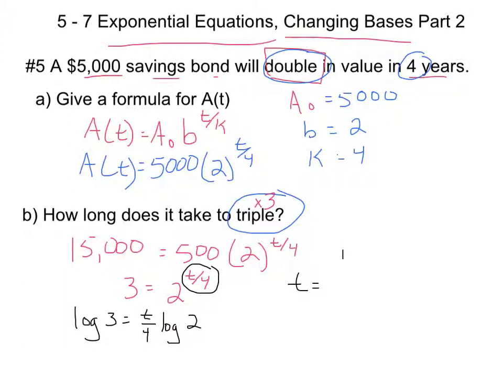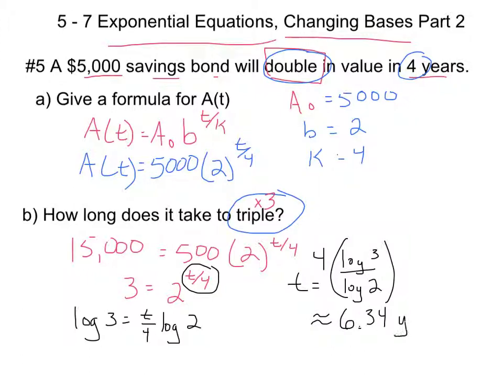T would be equal to the log of 3 divided by the log of 2, but the whole thing would be multiplied by 4. So in your calculator, type log 3 divided by log 2, hit enter, and then multiply that answer times 4. Answer? About 6.34 years. That's how long it would take the original amount to triple into $15,000.